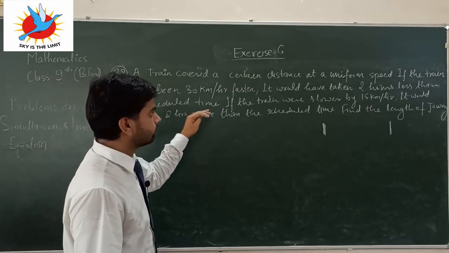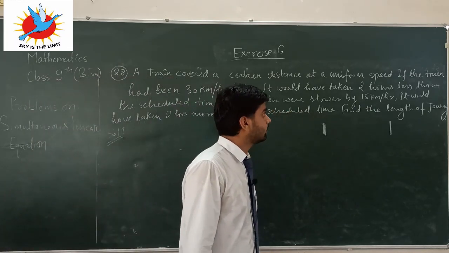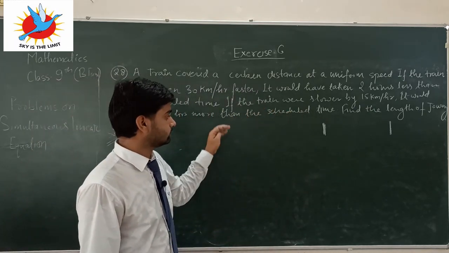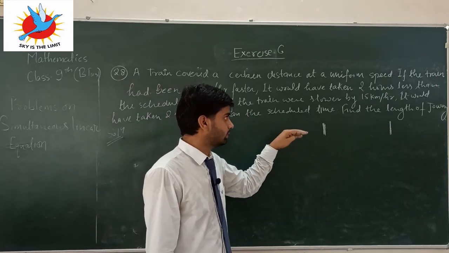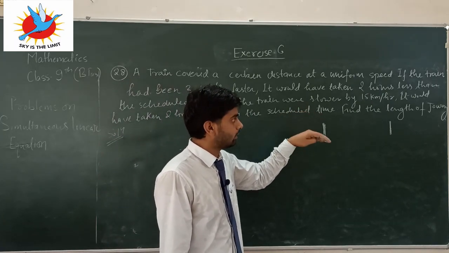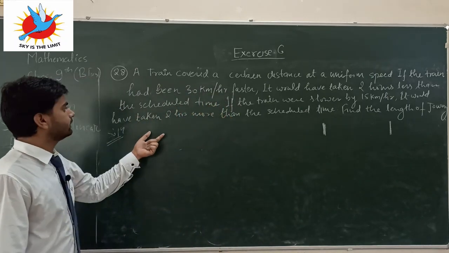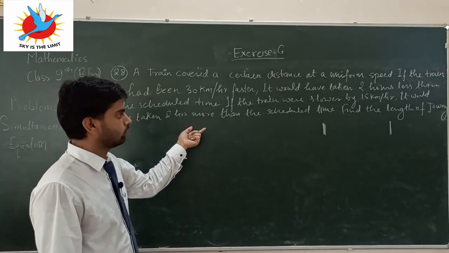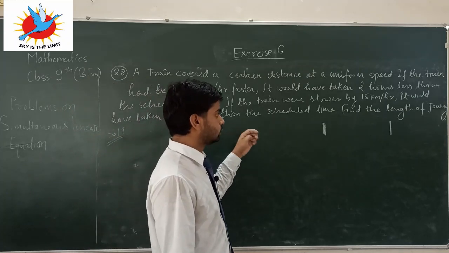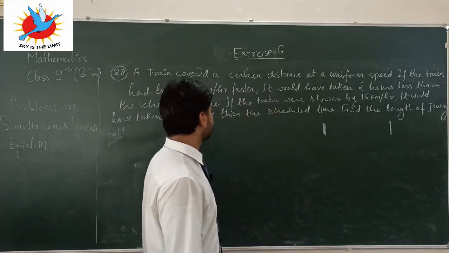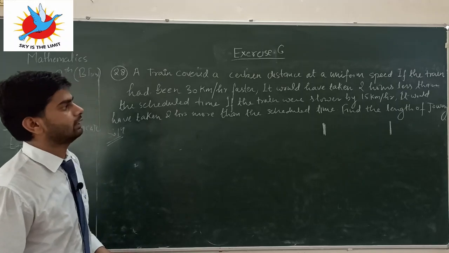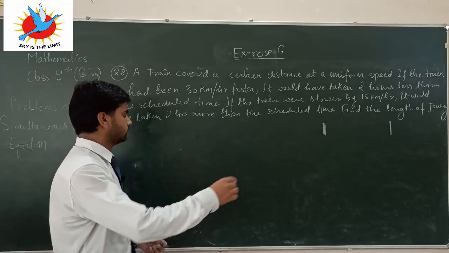Condition 2 is if the train runs 15 km per hour slower than its actual speed, it would have taken 2 hours more than the scheduled time. Find the length of the journey.